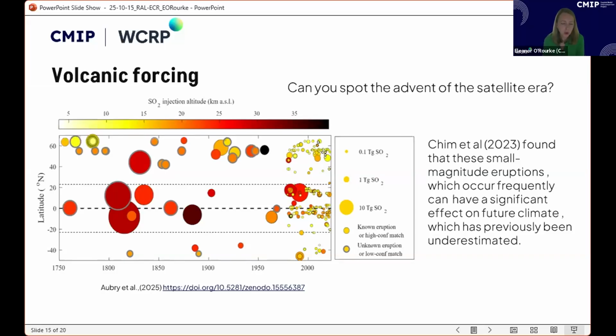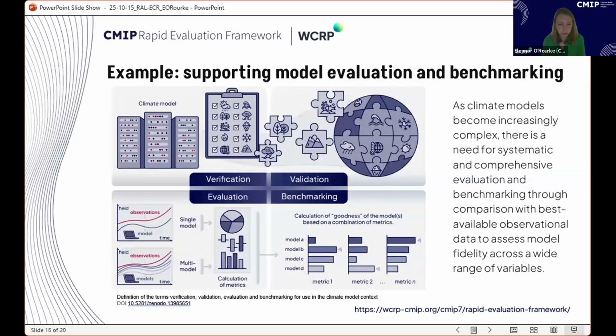Without these small and medium-sized eruptions being included, it's been shown that there's a significant effect on the future climate, and that's previously been underestimated. So this just shows how important the up-to-date and emerging observations are to having improved future climate projections.